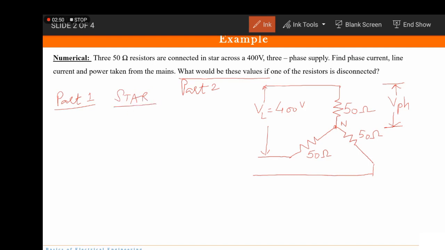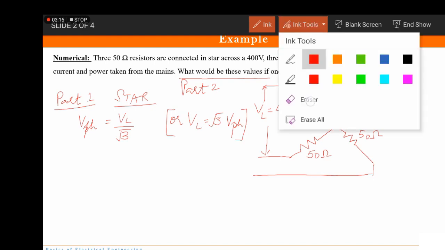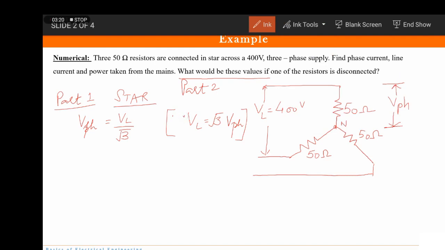Fine. Let me specify that the connection is star connection. Now I know in star connection the relationship between the phase voltage and line voltage is given by this. Correct? Yes? The equation was VL is equal to root 3 times the phase voltage.